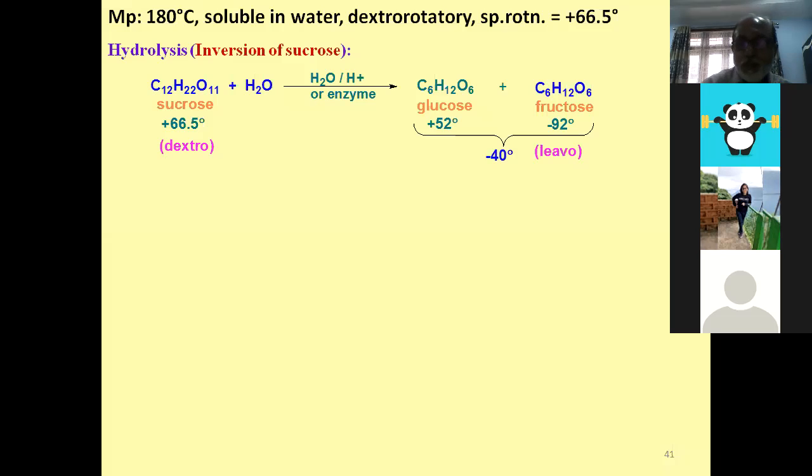Wait. An equimolecular mixture of glucose and fructose is termed as invert sugar. From sugar, you are getting invert sugar. Sir, honey?